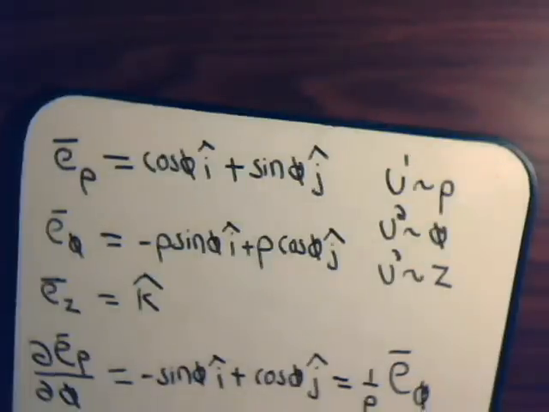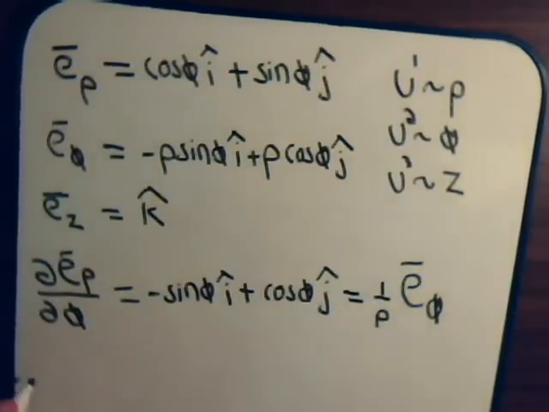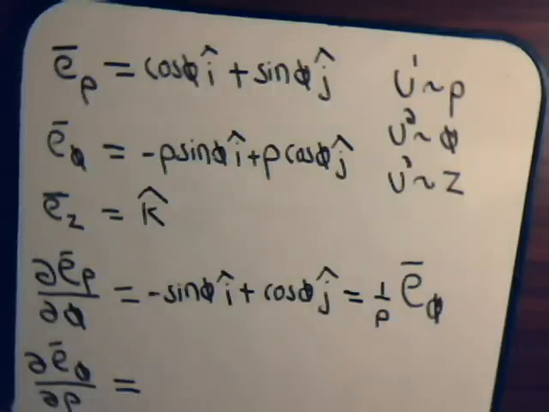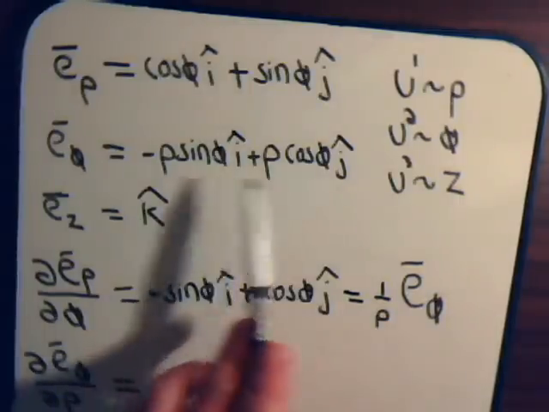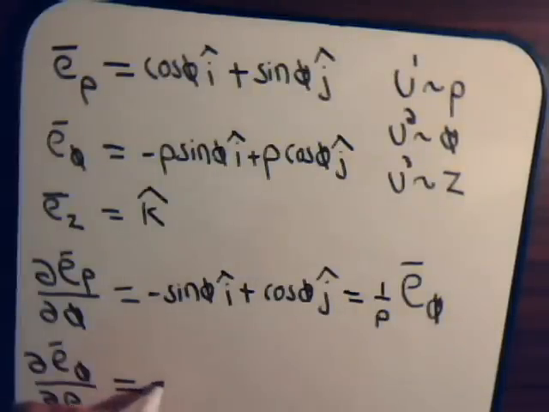So let's take care of those real quick. We have the partial of E psi with respect to rho. And that would just be minus the sine of psi plus the cosine of psi, same thing as what we had up here.